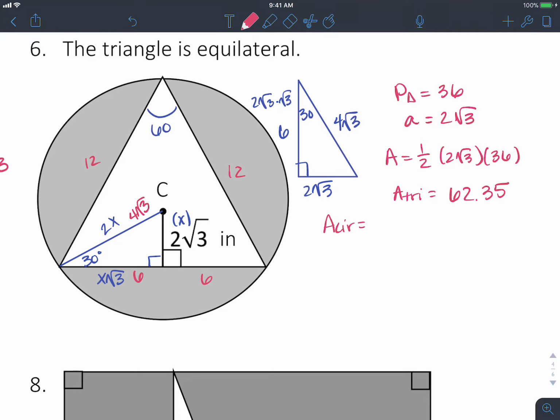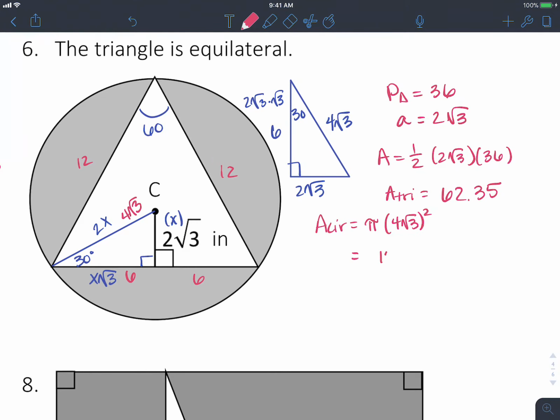We're going to have to do the area of our circle. The area of our circle, we know that the radius of our circle is 4√3. So we're going to have pi and then 4 root 3 squared, and that's going to come out to be 150.80.